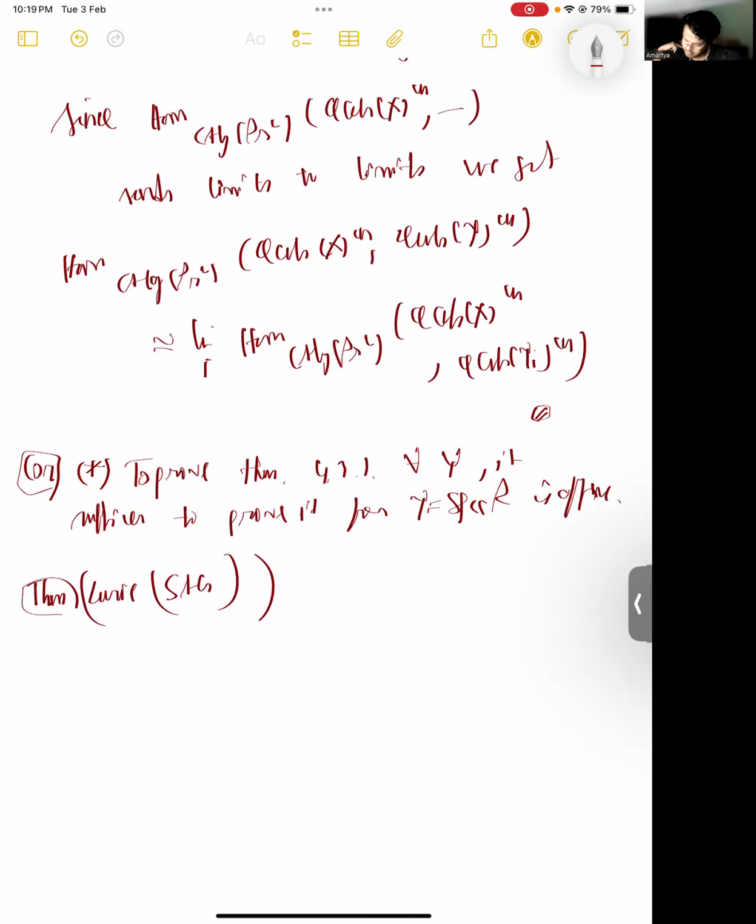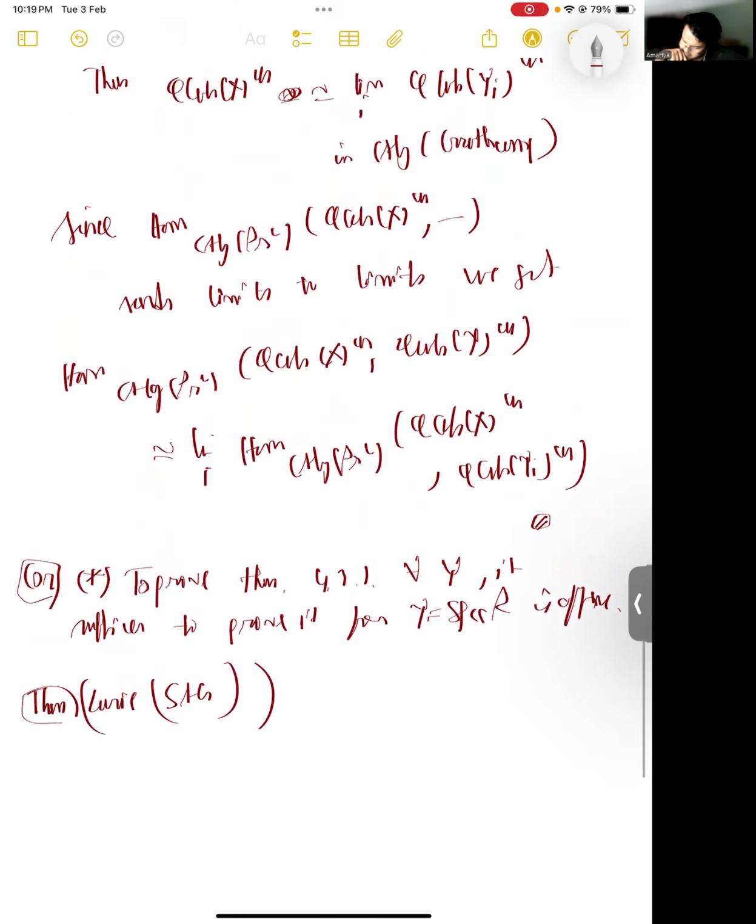Because limits in Grothendieck categories are only computed in PrL when the transition maps were these.